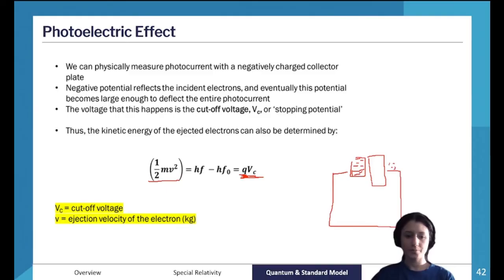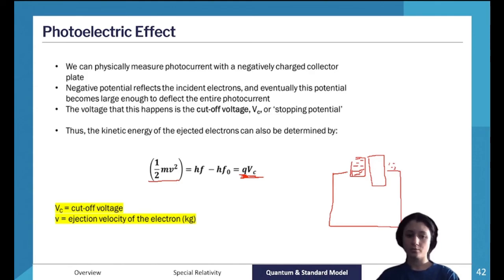So the brightness of the light being shown on the metal does not affect the stopping voltage. All right? The brightness does not affect the stopping voltage.